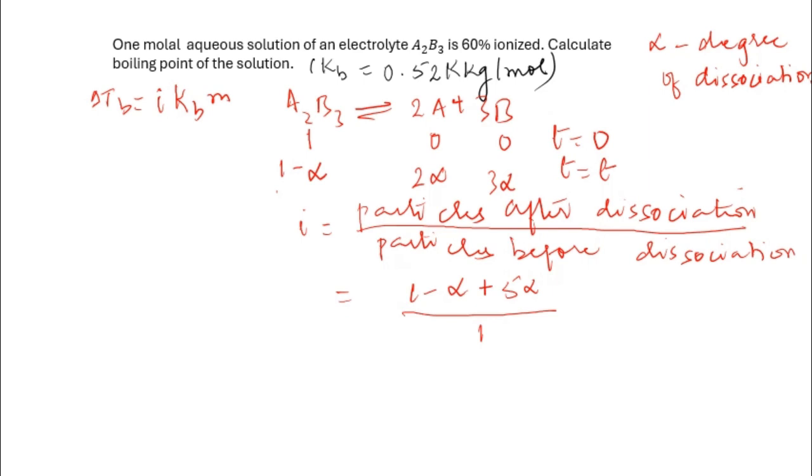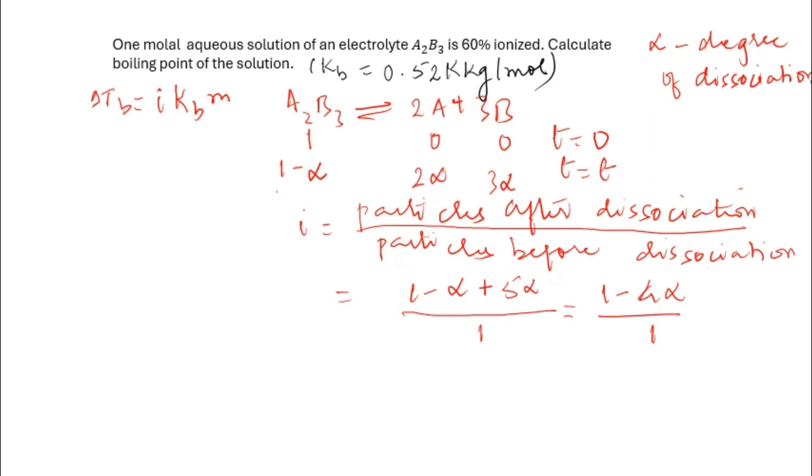See, if 5 is the number of product particles and alpha is the number undergoing dissociation, then the formula here is 1 plus 4 alpha, by 1.